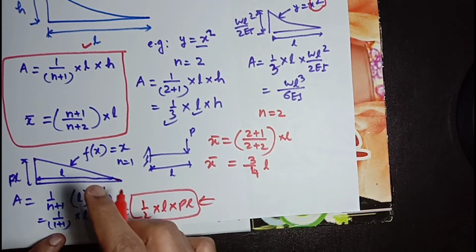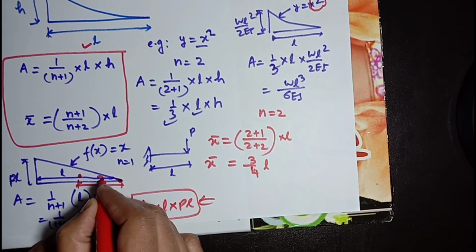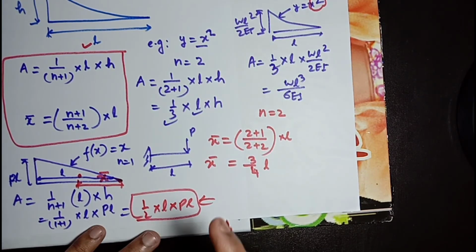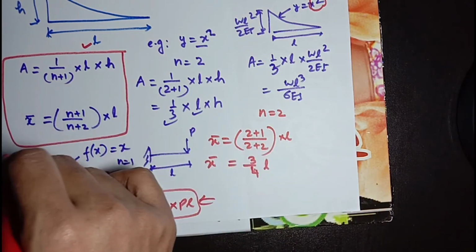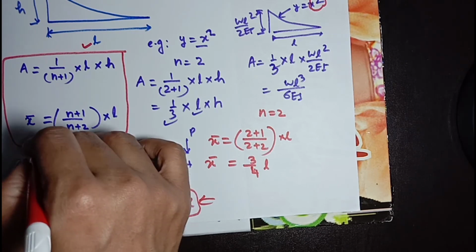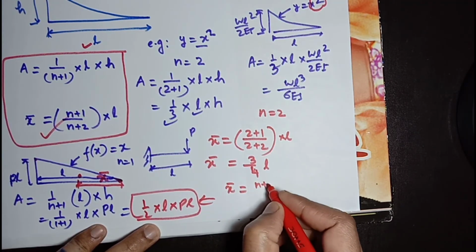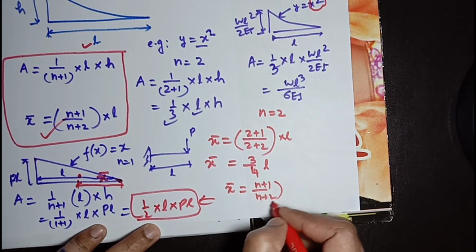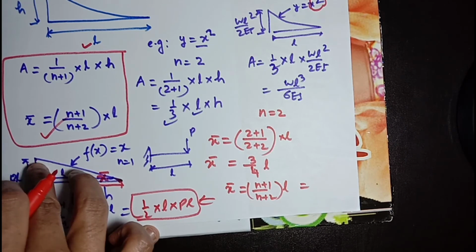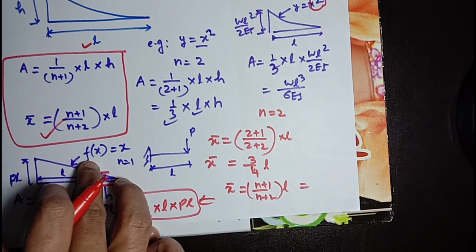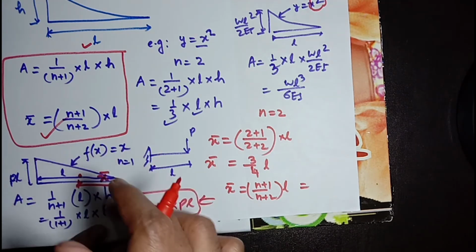In the same way, centroid will be what? You can also check it. This is a centroid, suppose x bar. For centroid, as I have given you a general formula, x bar will be n plus 1 divided by n plus 2 into L. In this case of a linearly varying graph, or a graph which is directly proportional to x, n will be 1.